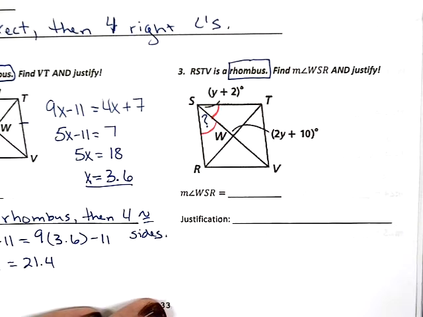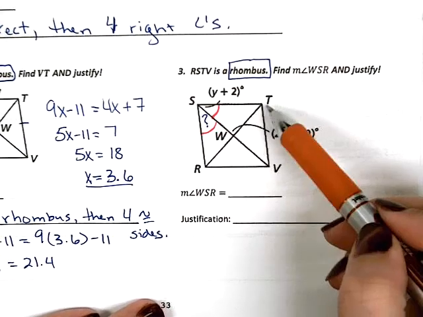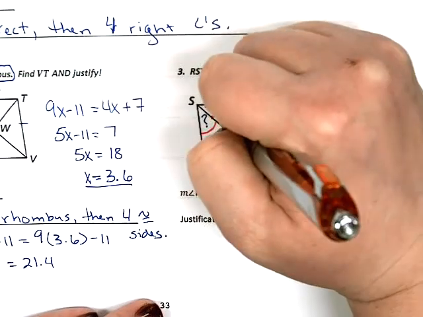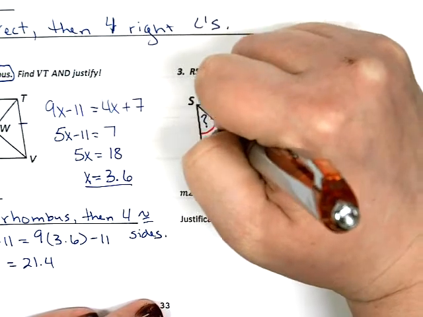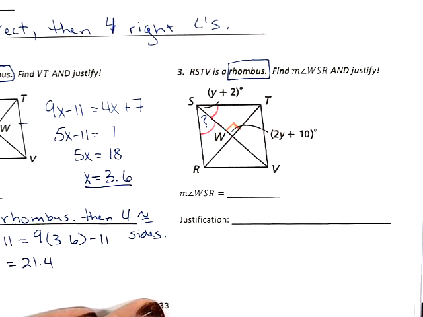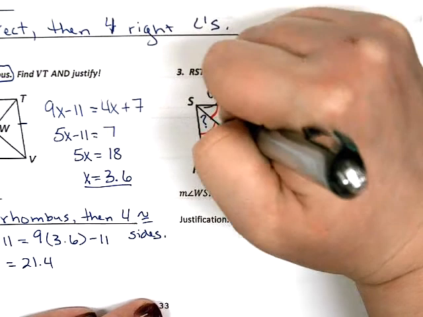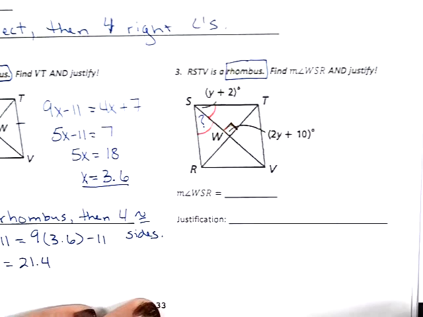So I'm guessing I'm going to need to look at the other angle. TWS is made by the 2 diagonals, and in a rhombus, diagonals are perpendicular, which means that angle right there, let me use a different color, is going to be a right angle.